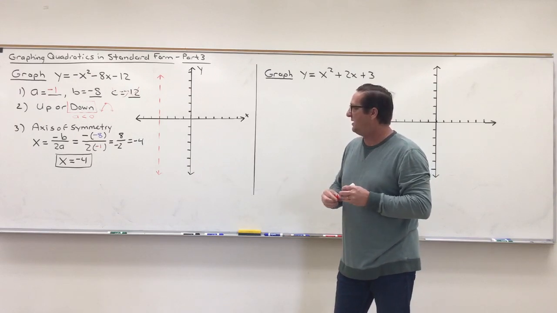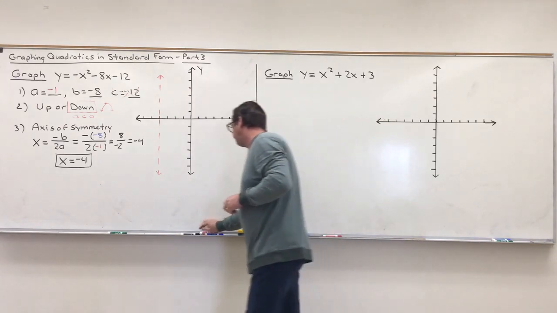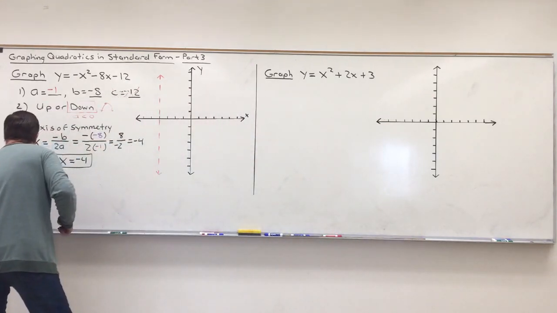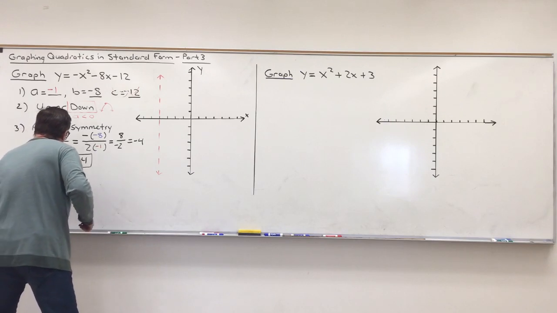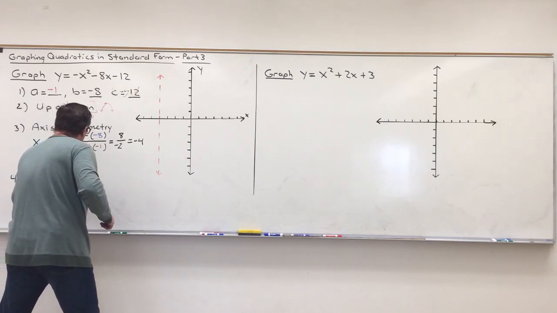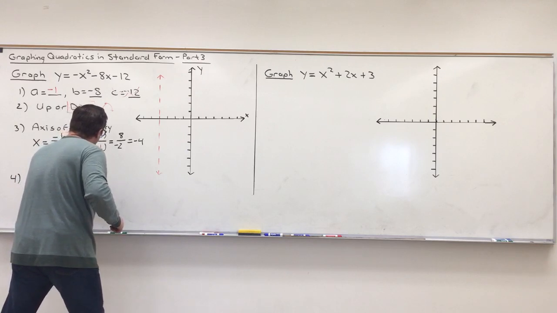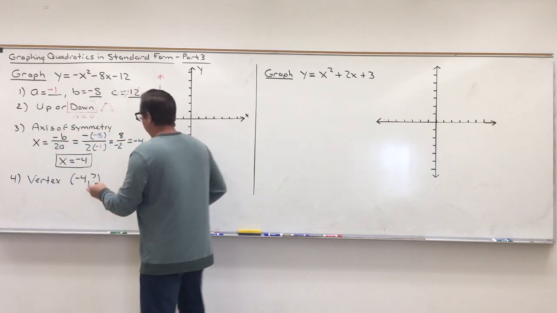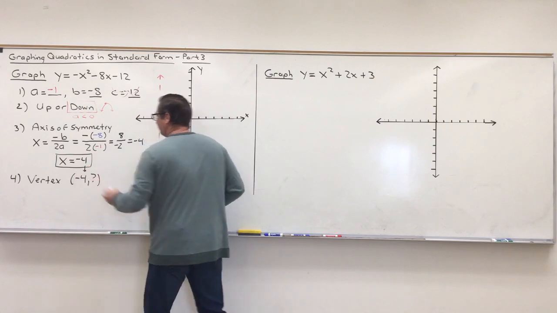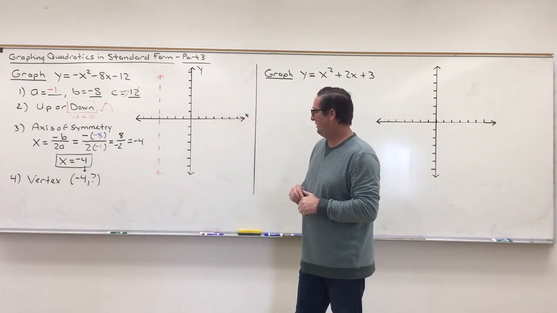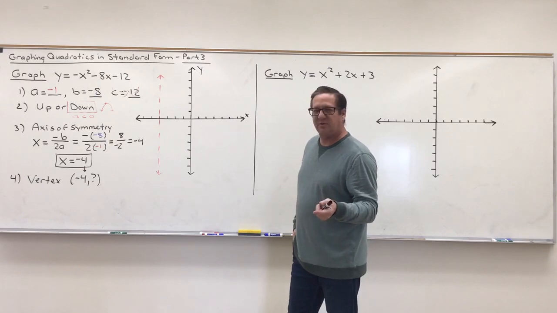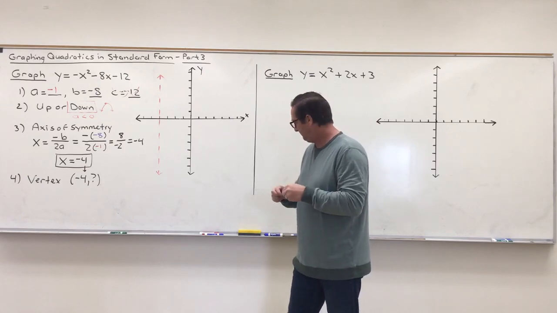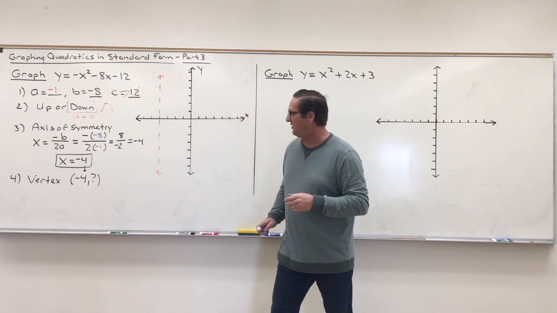So let's go ahead and find the vertex. So our vertex is -4 comma question mark. Okay, we're looking for the y value.